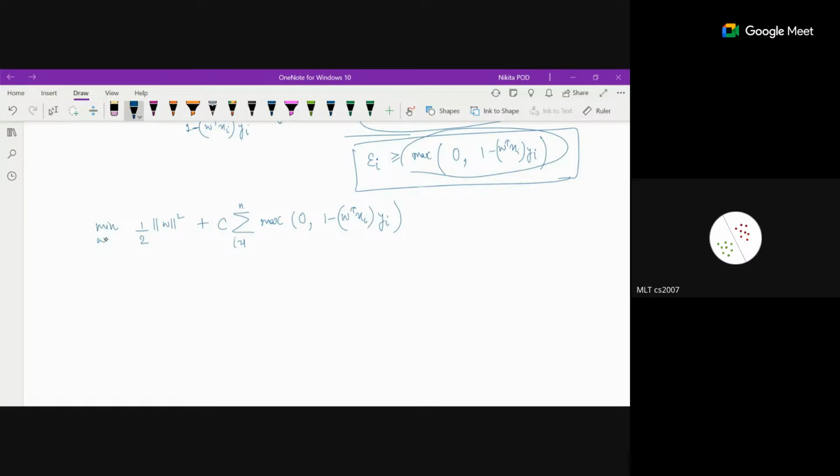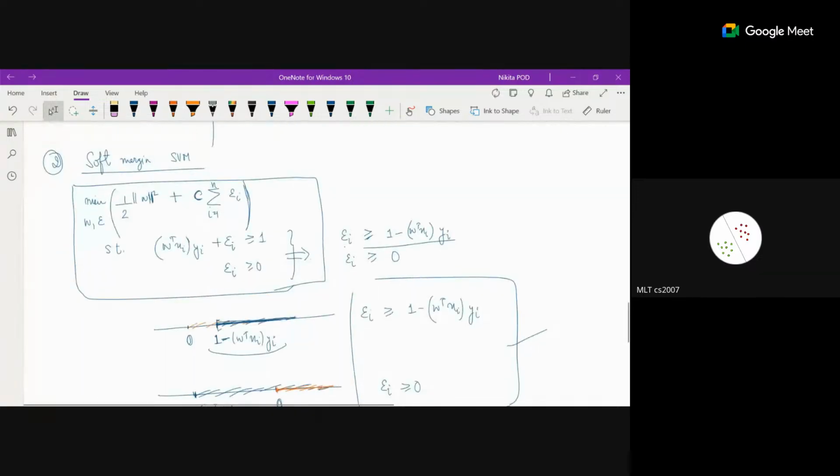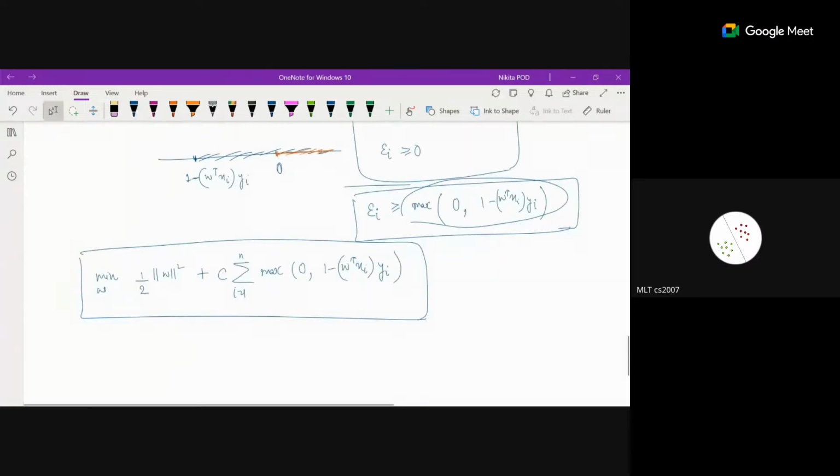So in a way, we got rid of epsilon here, correct? My soft margin SVM formulation, which was originally this, we are able to convert into this problem, all right?